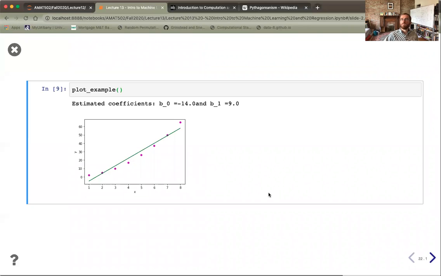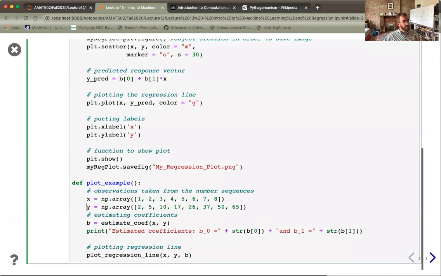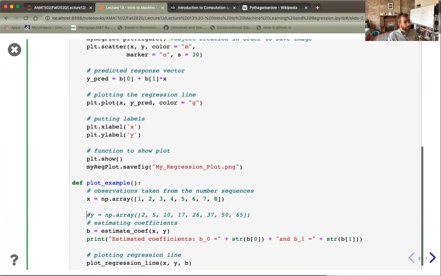Now, if I had chosen a slightly different set of values, then I would have gotten one that actually has a linear fit. And indeed, I go back here and I go ahead and change this value, say y equals np.array.